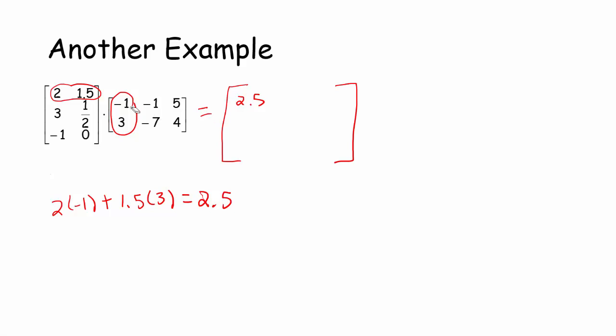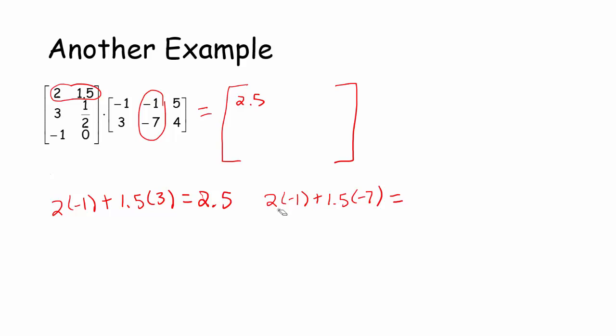Great, now back to my matrices. I'm going to stick with just using the first row here. So now I'm going to move on to setting up the first row with the second column, and my result is going to go in the first row in the second column. Now let's match up my entries. I've got 2 times negative 1 plus 1.5 times negative 7.